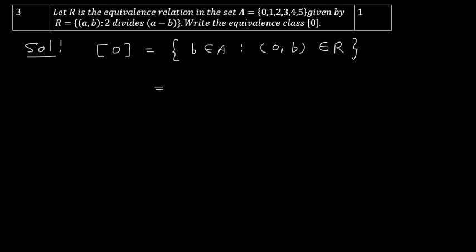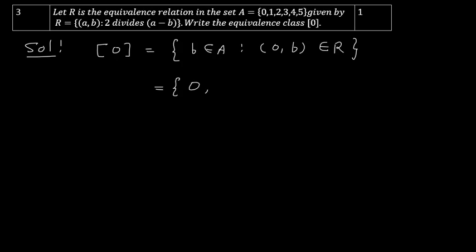So see what are the elements related with 0. First element which is related with 0 will be 0, because (0, 0) belongs to the relation, as 0 minus 0 is 0, which is divisible by 2.